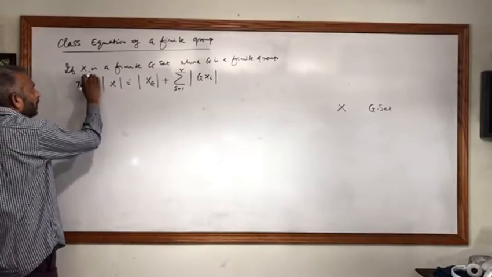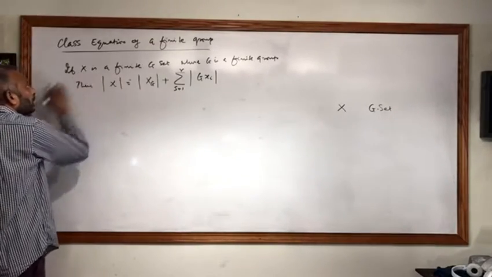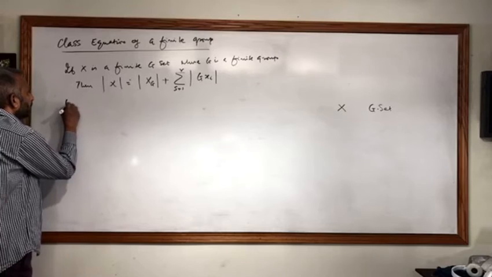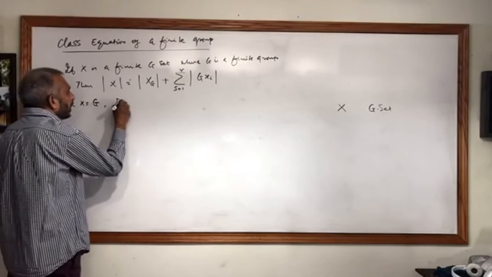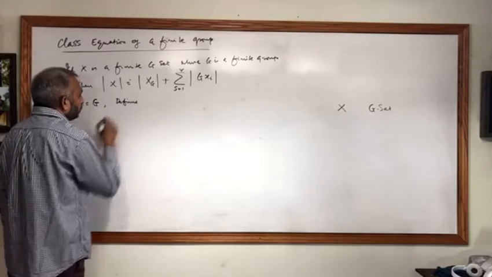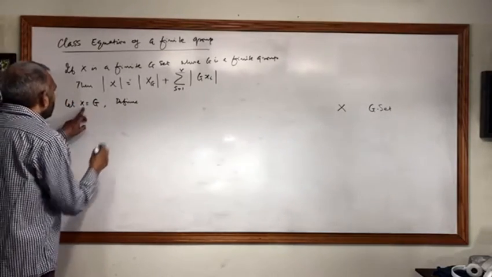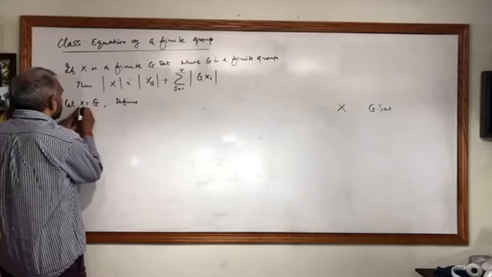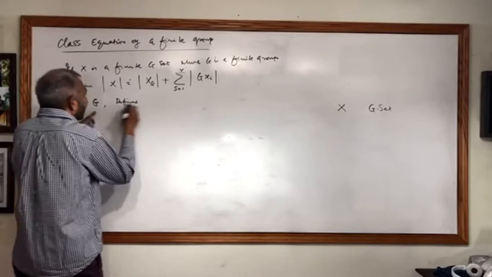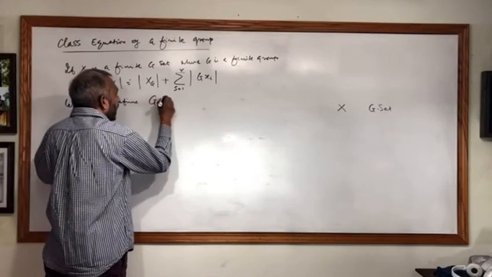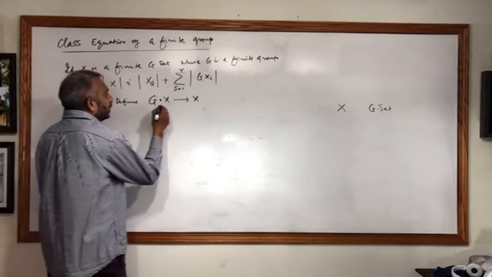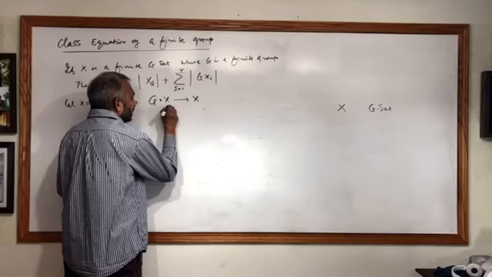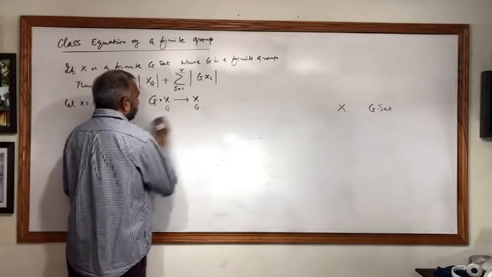So we are going to define a particular action and a particular X. Let X be equal to G and define the action from G cross X to X. This is actually our G again, and this is also G again.